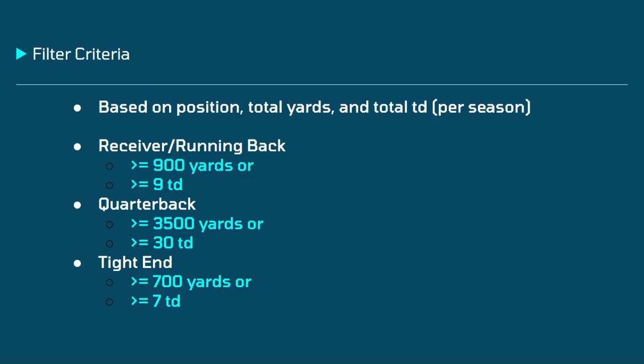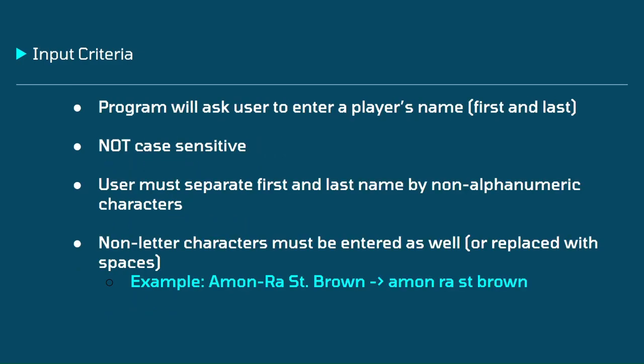For a quarterback, it's greater than or equal to 3,500 yards or greater than or equal to 30 touchdowns. And then for a tight end, it's greater than or equal to 700 yards or greater than or equal to 7 touchdowns. So if a player doesn't have any seasons with these benchmarks, you will not see data for them.